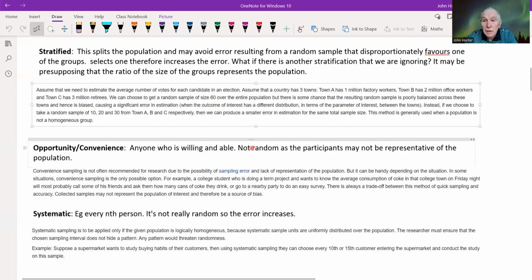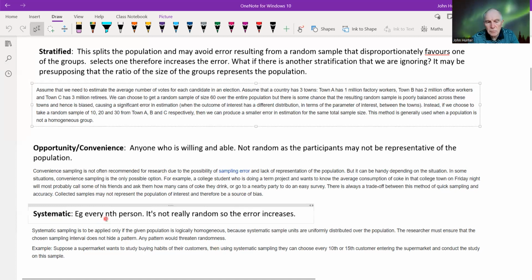If we wanted to do some study on how willing people were to do surveys, then by surveying anybody who's willing, we're definitely going to get very distorted results. So that's something to bear in mind. But obviously it's going to reduce the costs, isn't it? So that's that one. I'll not read through this. You can rewind and read through that at your leisure.